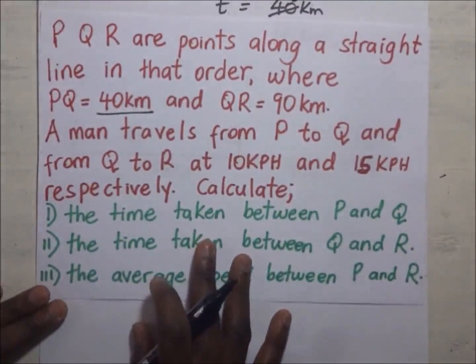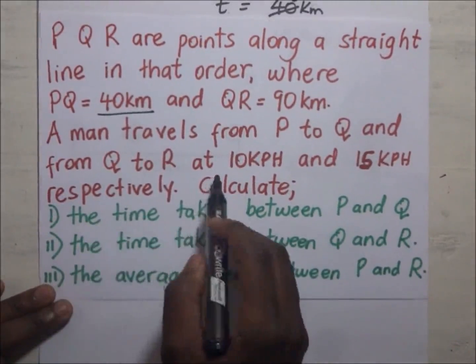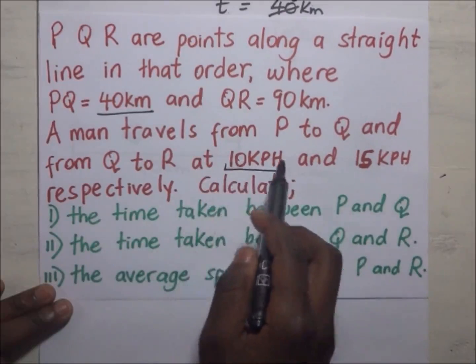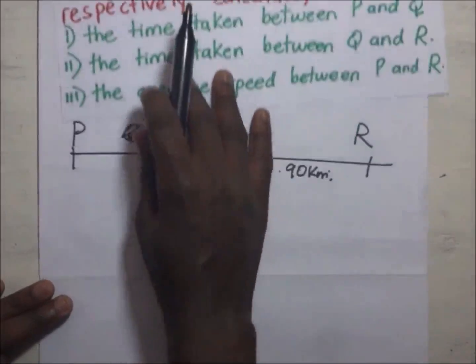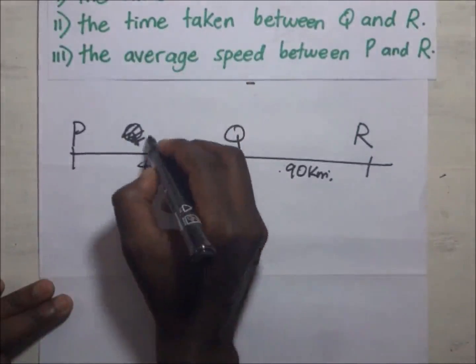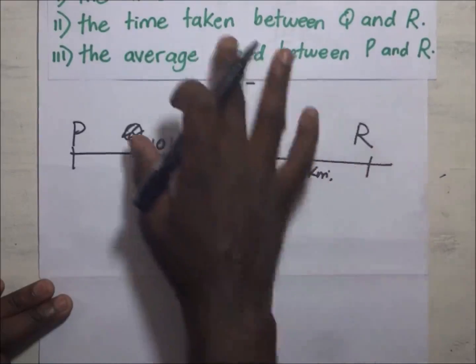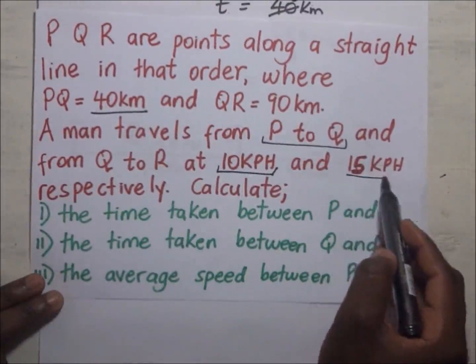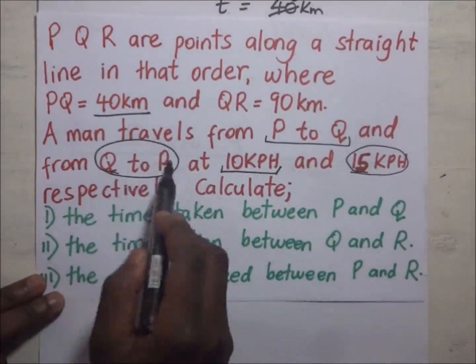As the man travels from P to Q, he travels at 10 kilometers per hour. This is the speed he uses from P to Q. Then from Q to R, he moves at 15 kilometers per hour.